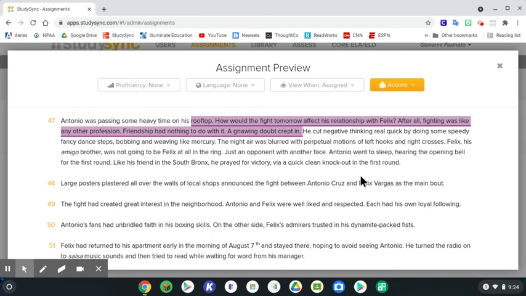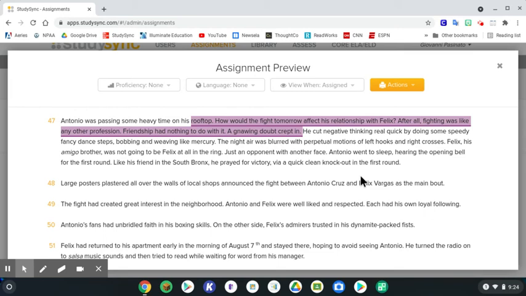The night air was blurred with perpetual motions of left hooks and right crosses. Felix, his amigo brother, was not going to be Felix at all in the ring, just an opponent with another face. Antonio went to sleep, hearing the opening bell for the first round. Like his friend in the South Bronx, he prayed for victory via a quick, clean knockout in the first round.